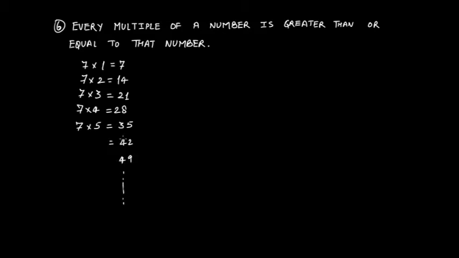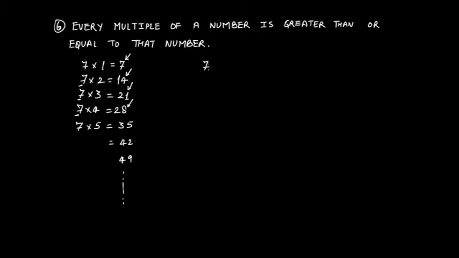So if you see here, 7 is a multiple of 7, 14 is a multiple of 7, 21 is a multiple of 7, 28 is a multiple of 7, and similarly for other numbers. Now you would see that every multiple of a number is greater than or equal to that number.